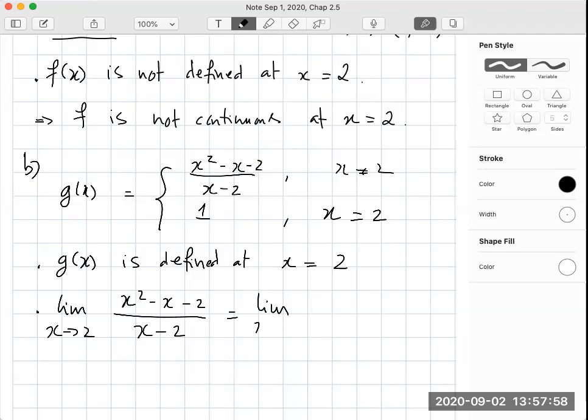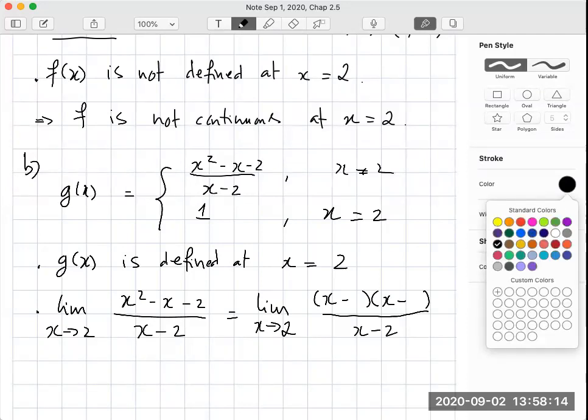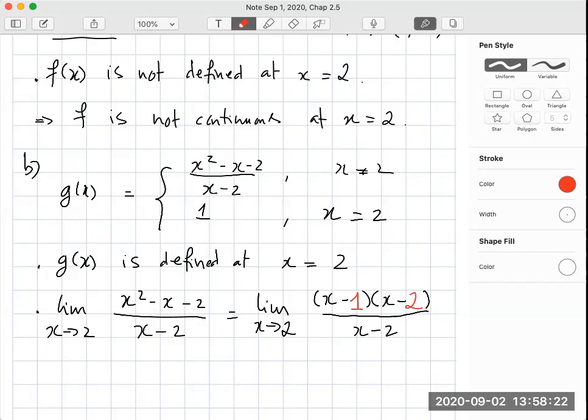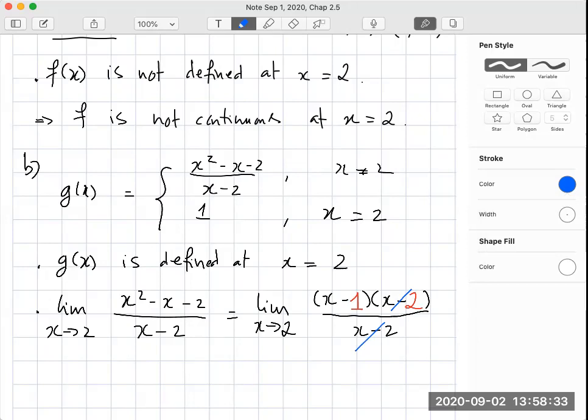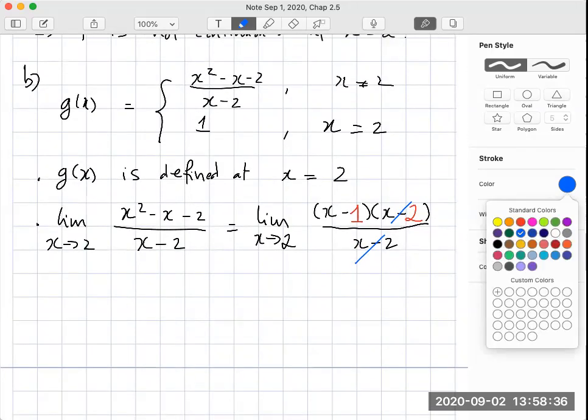The limit of this when x approaches 2, the numerator is x minus something here or plus times x minus or plus something here. And what are these two numbers? 1 and 2. Very good. 1 and 2 here. We can expand it to double check it, right? Very good. Now we see that the numerator and denominator, we can cancel each other. And this becomes much easier.